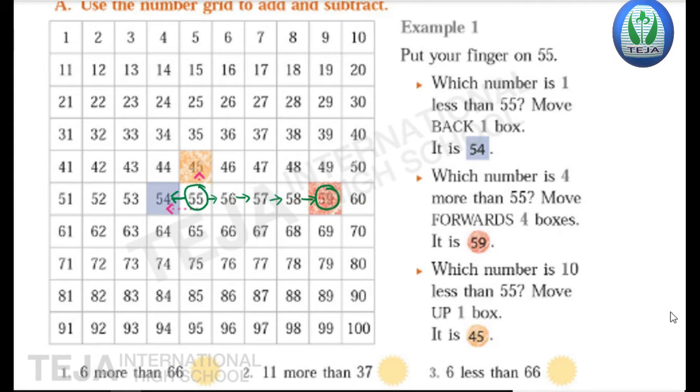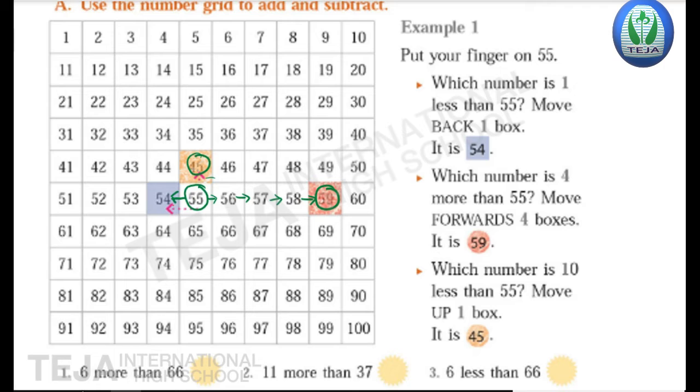To find the number 10 less than 55, we have to move up. So if we move one box up, we'll get 10 less number. To get the bigger number, 10 more than 55, we have to move down, one box down. Okay. Now using this method, we have to solve the remaining problems.